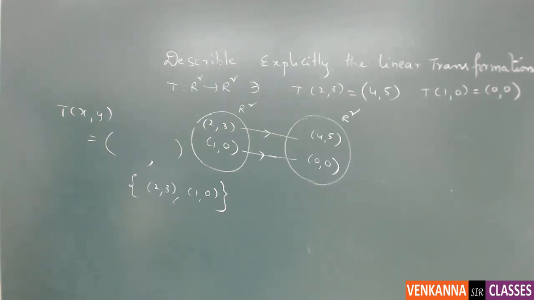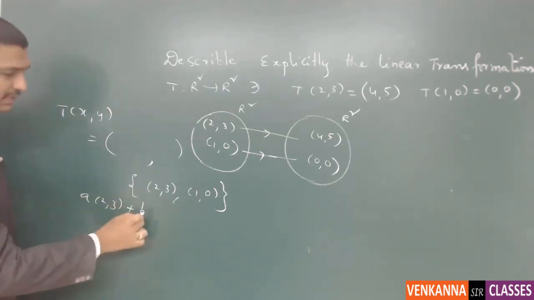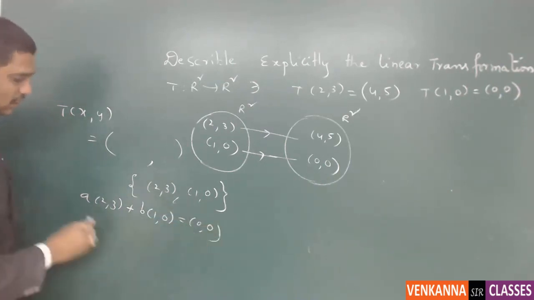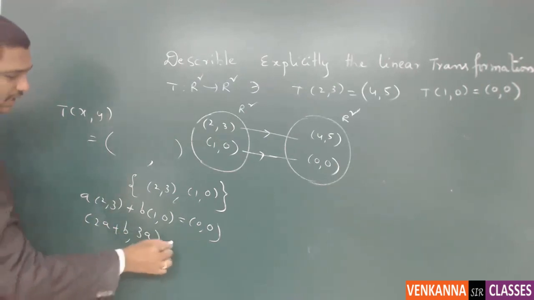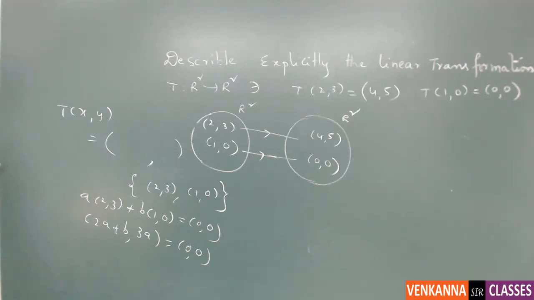Or you can write the linear combination a into (2,3) plus b into (1,0) is equal to (0,0). So that (2a plus b, 3a) is equal to (0,0). From this, it is evident that comparing the coordinates and solving the equations, a is equal to 0 and b is equal to 0.